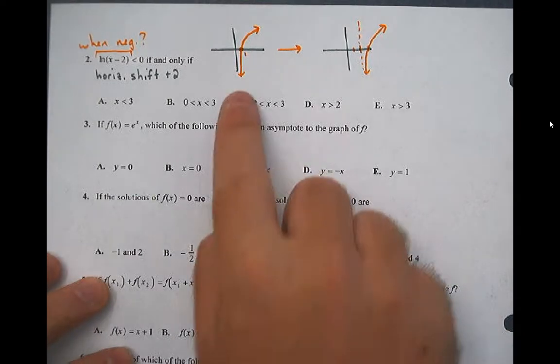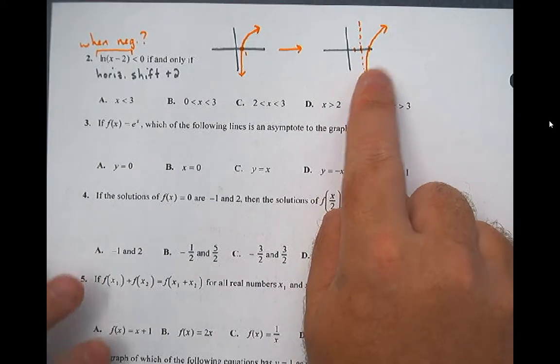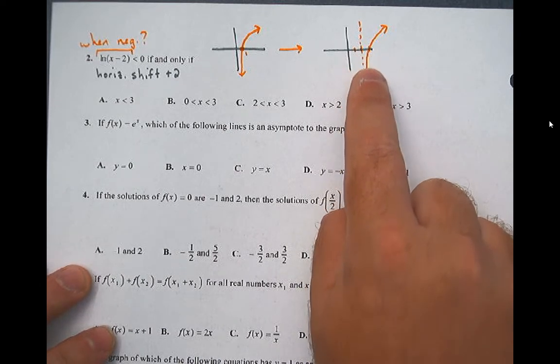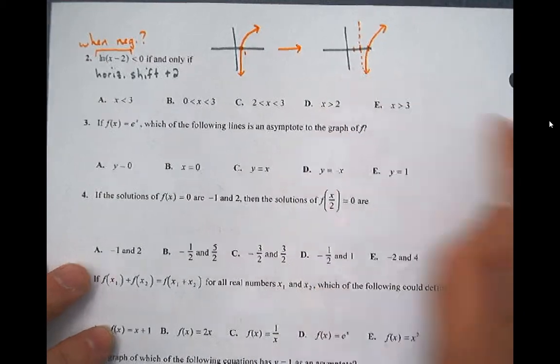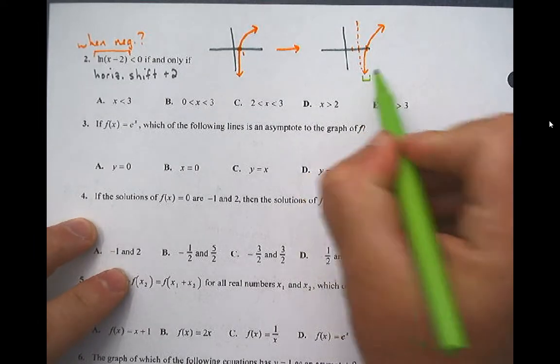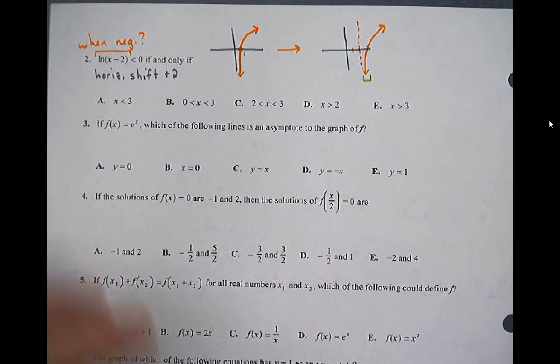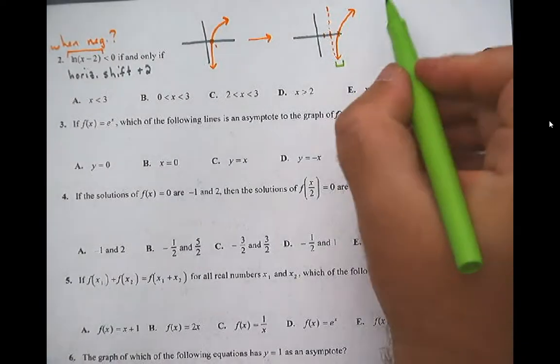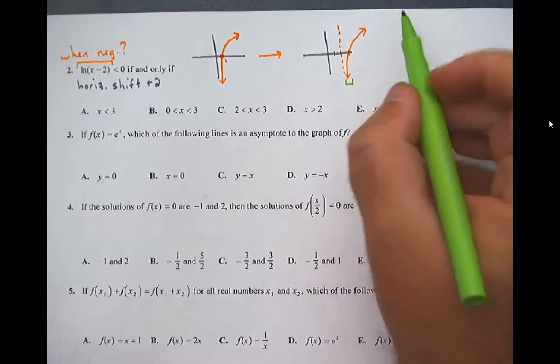So which x values correspond to y values that are negative? So it looks like everything from here to here is going to have some negatives. So we would write this up a little bit fancy. This is how we would say this in an advanced math course like we're in right now.